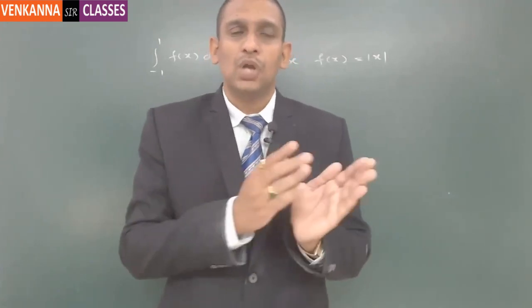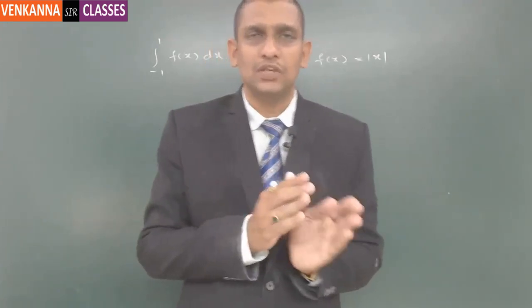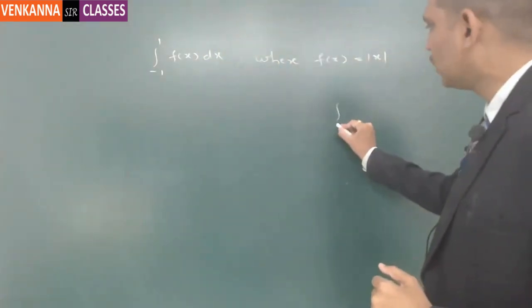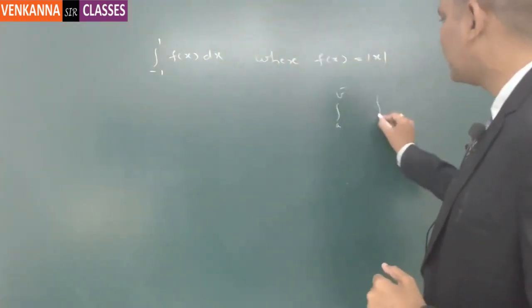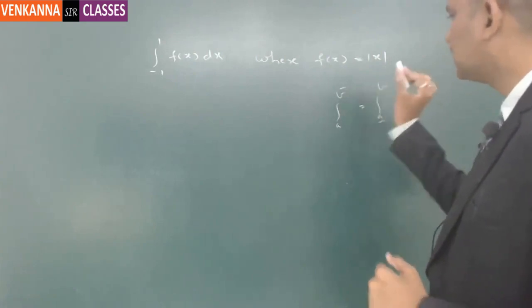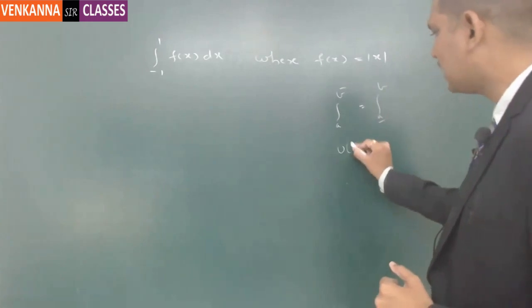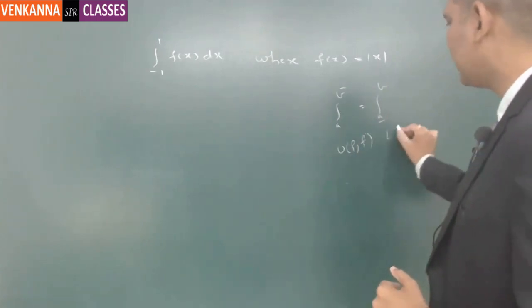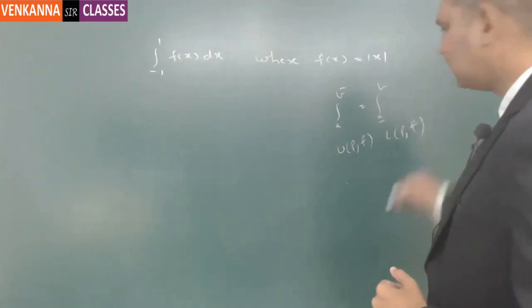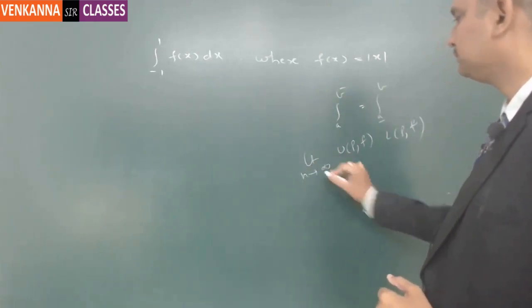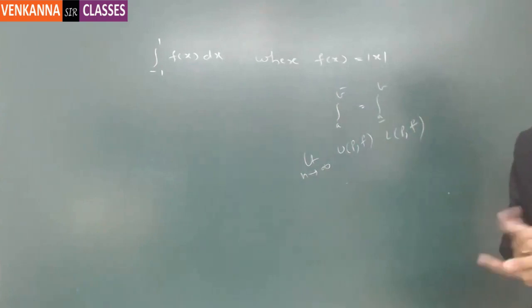And also, while solving problems, the technique so far is that we calculate the lower integral as well as the upper integral and check whether they are equal or not. In that case, we calculate UPF as well as LPF, and apply the limit n tends to infinity to get the lower integral and the upper integral.